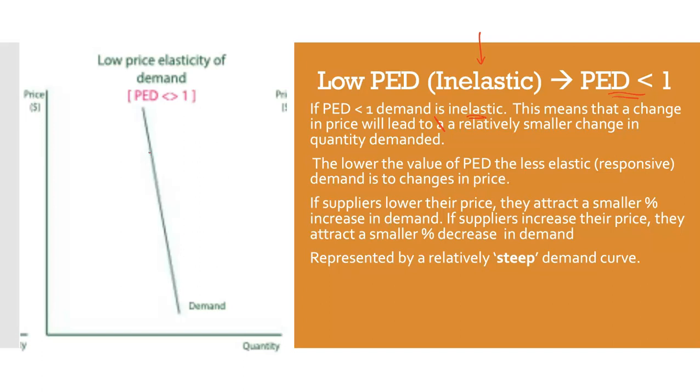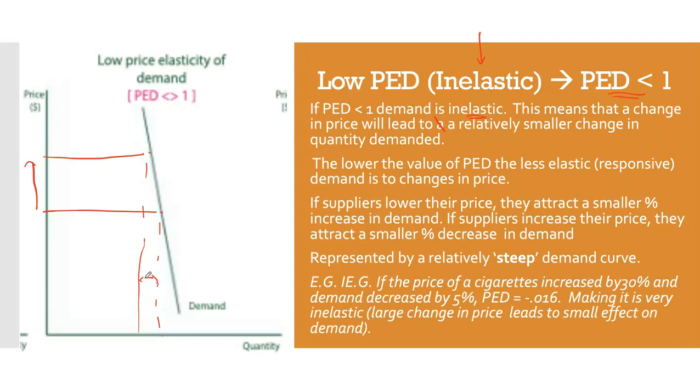This is because, for example, a big change in price, in this case, price going up, will lead to a much smaller change in quantity demanded. So, for example, if the price of cigarettes increased by 30% and decrease in demand was only 5%, this is a small price elasticity of demand, making it very inelastic. Large change in prices lead to small effect on demand.